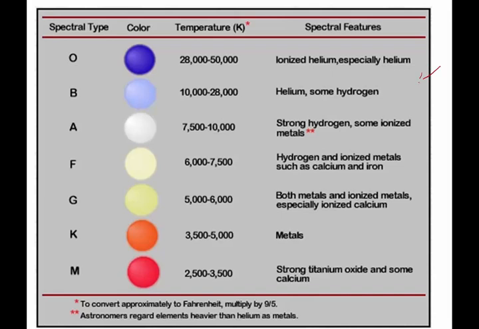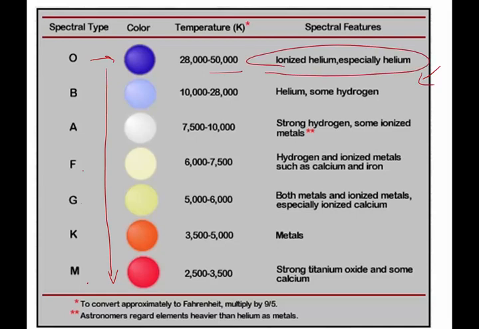This is a wonderful chart, and it shows the colors of the stars and their spectral type, "Oh, be a fine girl, kiss me," and the average temperature of the photosphere, the outside layer of these individual stars. So O-type blue stars have 28,000 to 50,000 degrees Kelvin, incredibly hot stars, and their spectrum is dominated by helium.